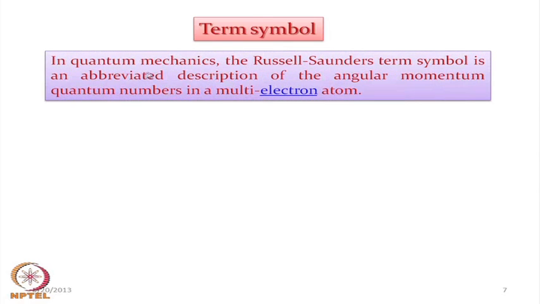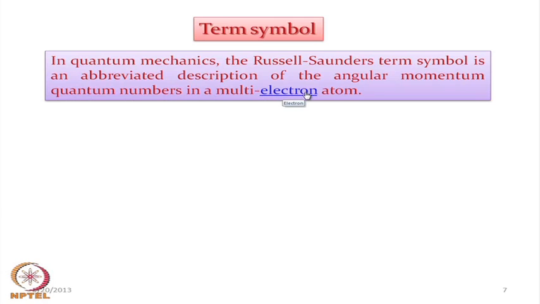So, how do we get term symbols? In quantum mechanics the corresponding coupling scheme is known as Russell-Saunders coupling, and due to that coupling a term symbol is an abbreviated form of the description of the angular momentum quantum number in a multi-electron system.